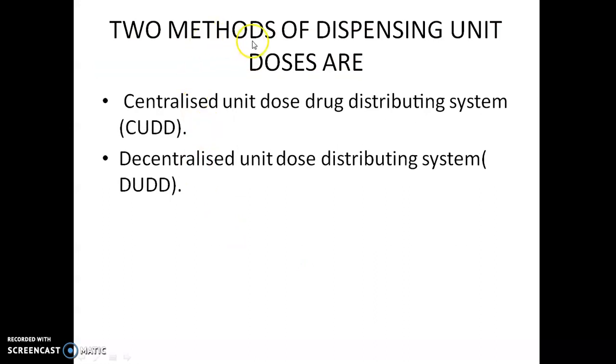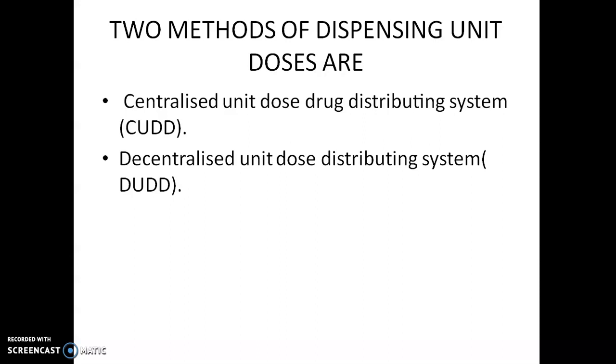Then in this also there are two methods of dispensing unit, which are the centralized unit dose drug distribution system and the decentralized unit. Centralized means there is a central pharmacy system which will produce and distribute the drug to different pharmacists present at the different wards or different floors.